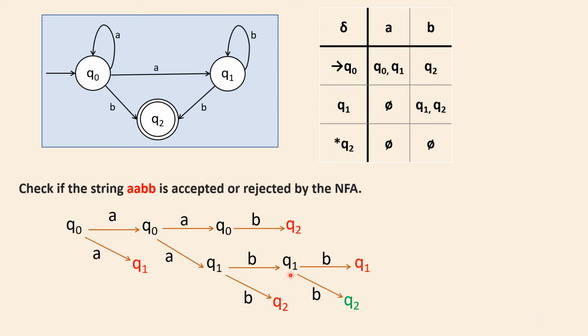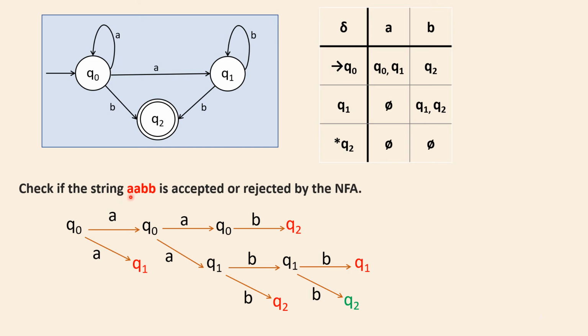From Q1, B can get looped in Q1, or that B can go to Q2. And again from Q2, here also I have no transitions for either A or B. So this also ends right here.